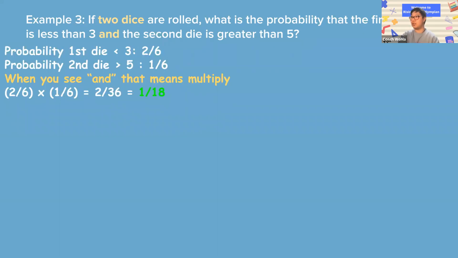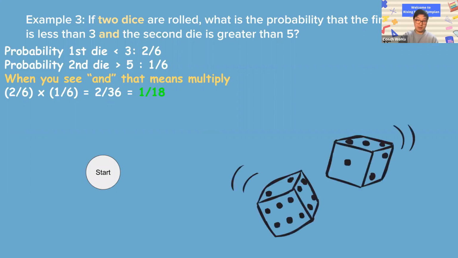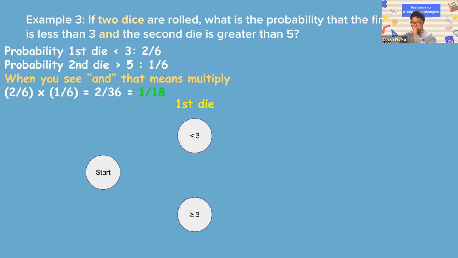I do also want to show you why we multiply the numbers. Generally, multiply means and, and the reason why is because you can start from the beginning, and when you make that first dice roll, right, it's either going to be less than 3 or greater than or equal to 3. Those are the only two options. And you'll see that 2 out of the 6 options will get you into the less than 3 universe.